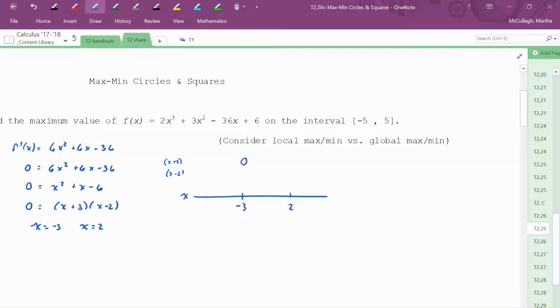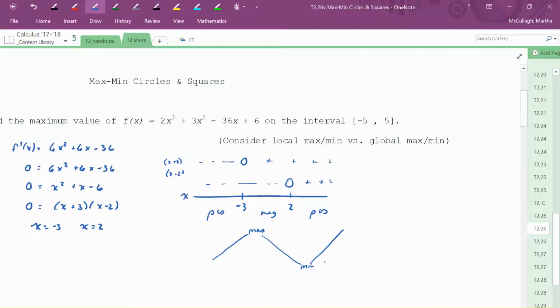I have a 0 at -3. Negative, positive. I have a 0 at 2, negative, positive. Negative times a negative is positive. Negative, positive times positive is positive. So we're headed uphill, we're headed downhill, we're headed uphill. This is a maximum, and this is a minimum.